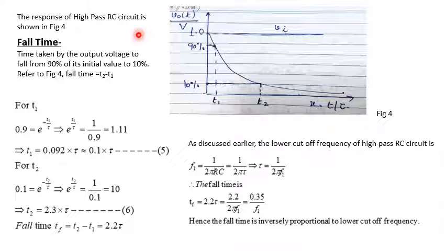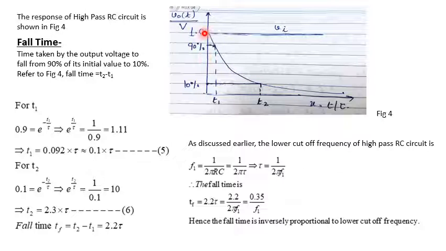So in the earlier slide we have discussed that if the input voltage applied to the high pass RC circuit is in the form of step voltage, at time t equal to 0 it suddenly rises, and after that it becomes constant forever. Then the output voltage will be in the form of exponential wave.